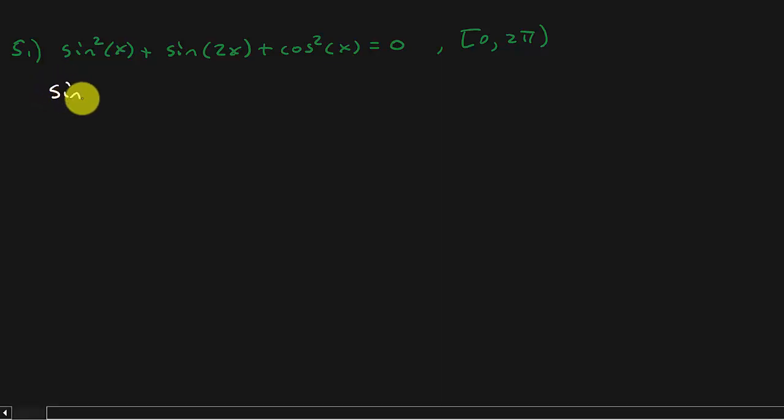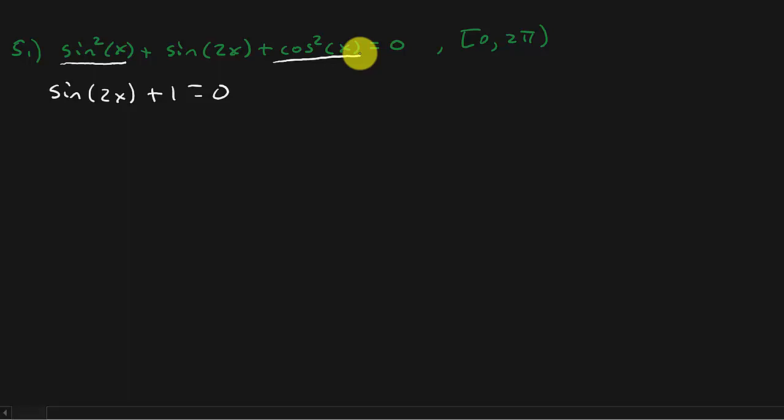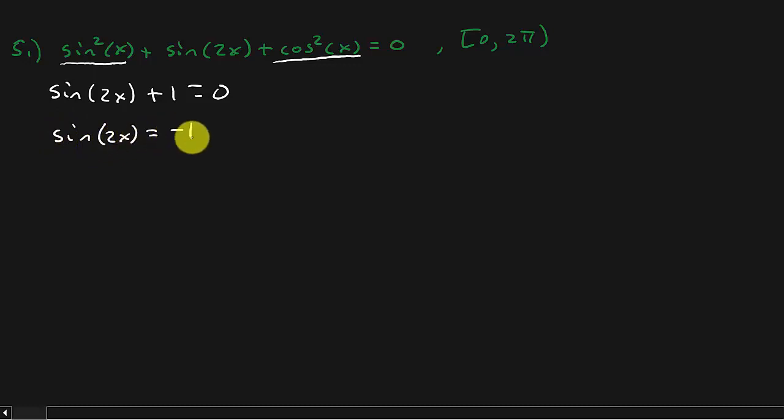Isn't this sine 2x plus 1 equals 0? Can we do that? Because don't we have sine squared plus cosine squared is 1, right? See that? Sine squared plus cosine squared is 1. So that helps a lot, doesn't it? That makes it easier. So now we just got sine 2x equals -1. So there we go.